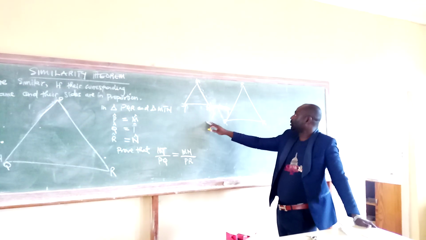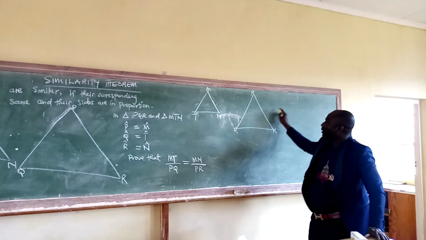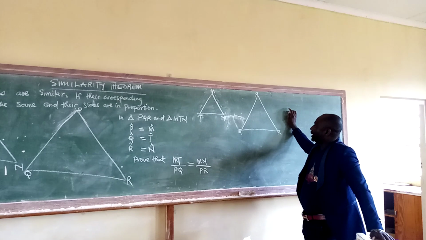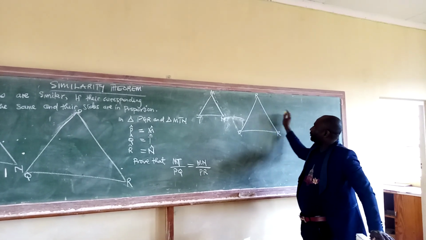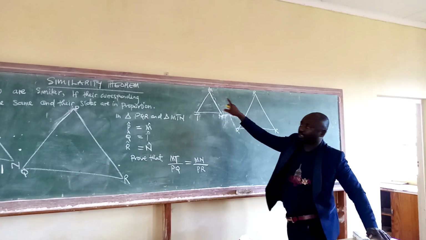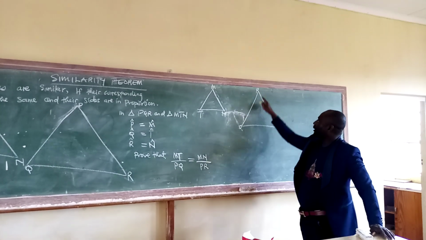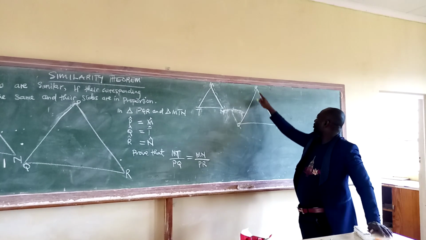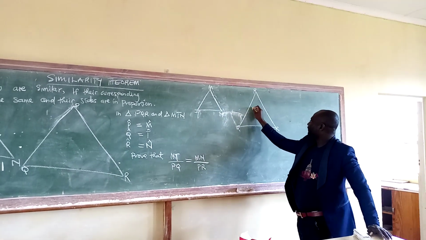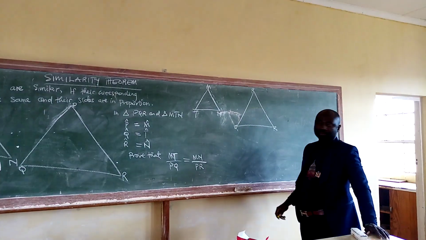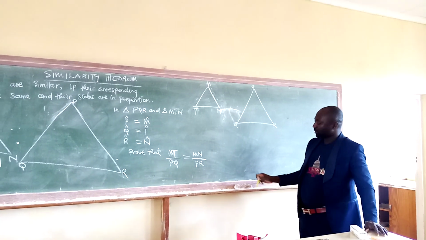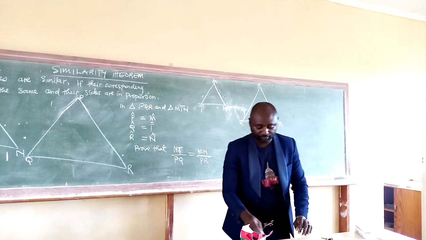You do what we call construction. So in that case, you will have the bigger triangle and the smaller triangle at the same level. What you do, you join a line from PQ here to meet PR like this. You join a line like that and put any two letters of your choice.